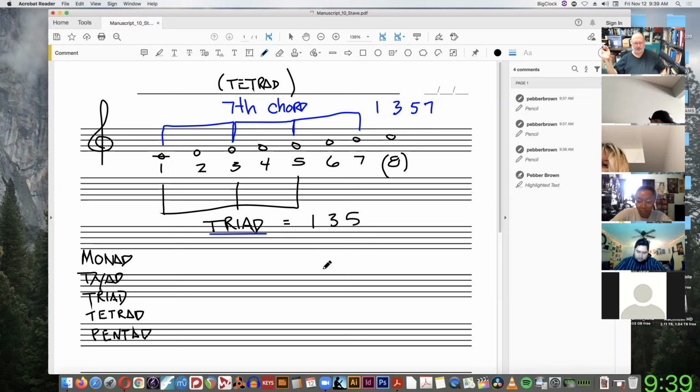That's just a little bit of music history that you may toss over your shoulder. All right. So anyway, 4 notes are going to make a 7th chord, right? A 7th chord is called a 7th chord because we're using the 7.